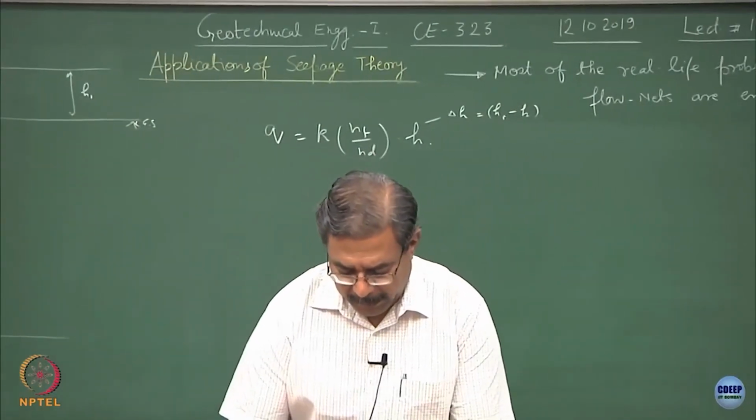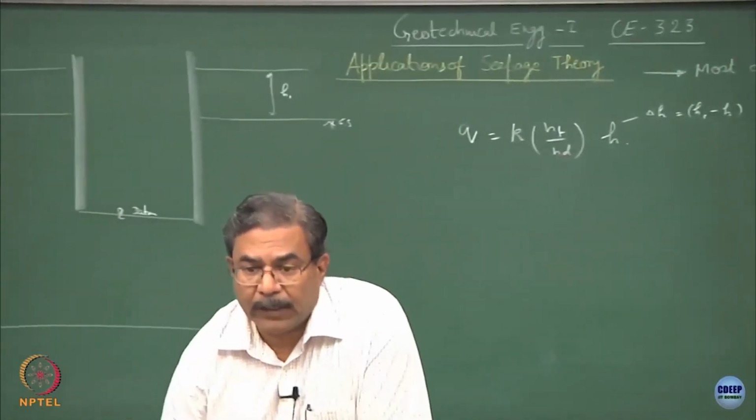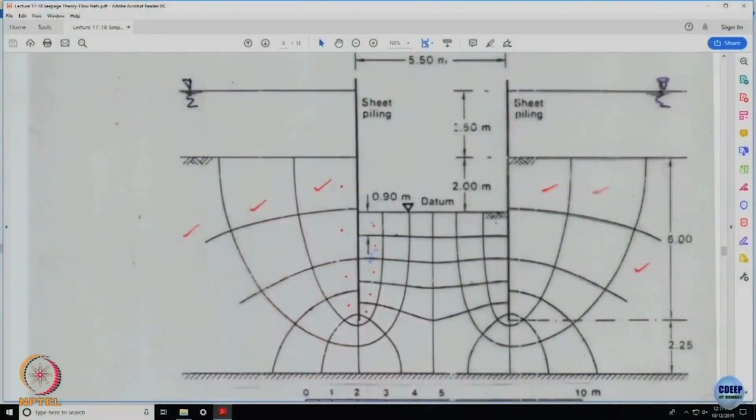Having done the flow net, start counting. This is equipotential, this is the bottommost flow line, the impervious layer, so no discharge is going to take place through this. Good. Sheet pile, no discharge across this. This happens to be the first flow line, grazing through the sheet pile itself. The next flow line is this, next is this, and so on, symmetrical case, both sides.